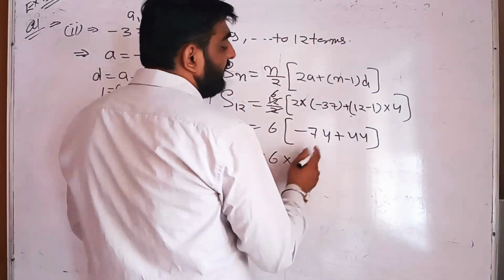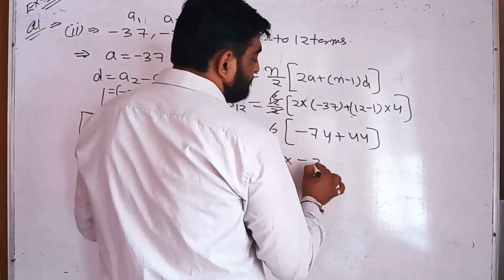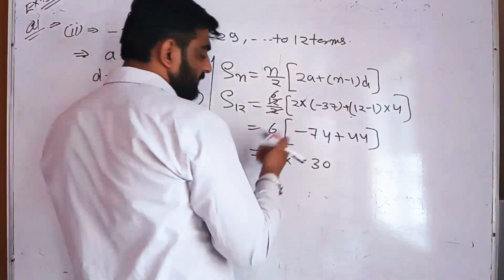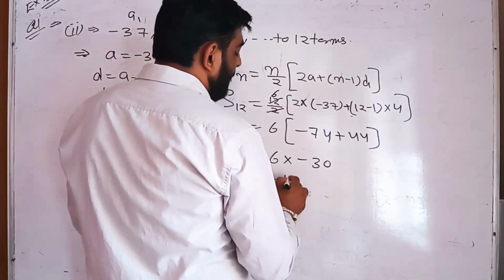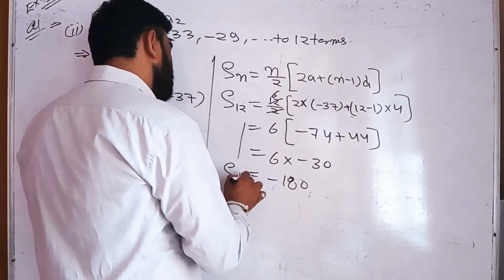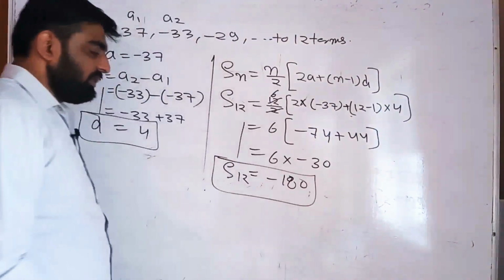If we simplify, that is minus 30. Yes, minus 30. So 6 into minus 30, that is minus 180, is your answer for the sum of 12 terms of the AP.